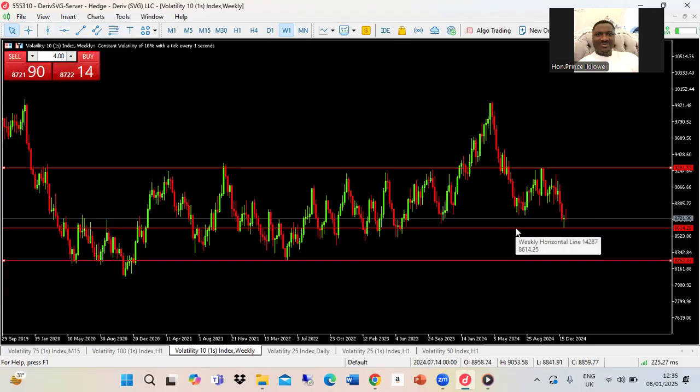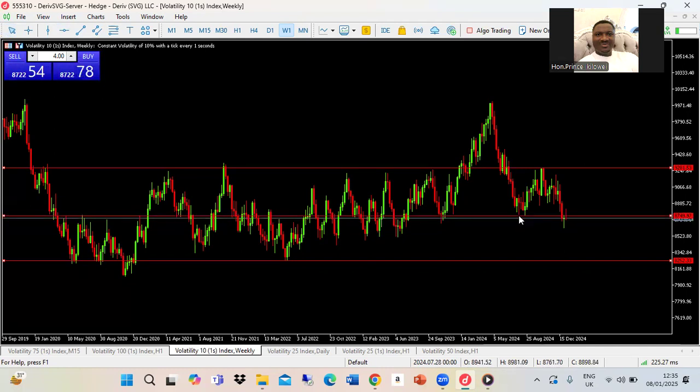This place looks like a touch, but let me see here. Here is a better touch. So it appears the market got to this point. It has broken this particular zone, but according to the weekly time frame, the market tried to push itself back to this zone.